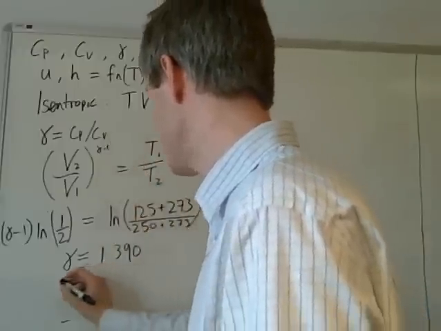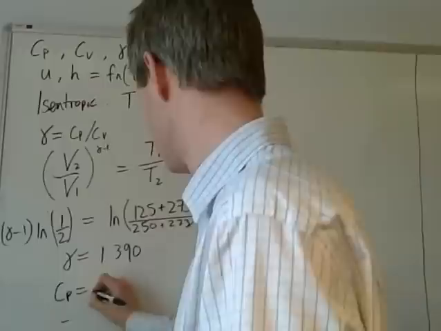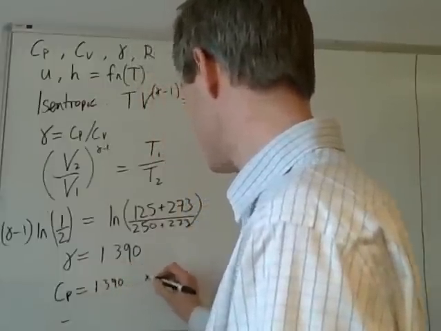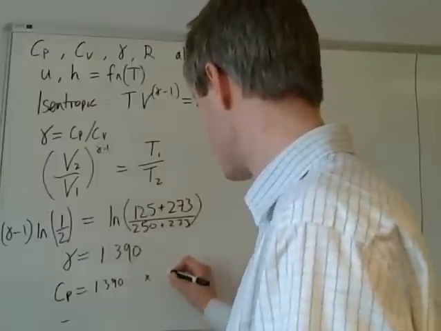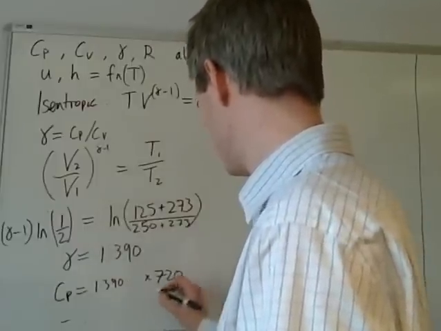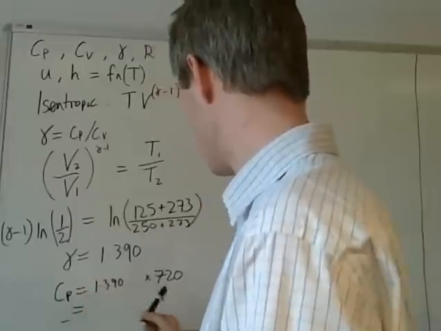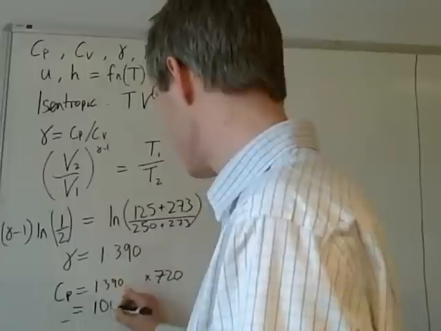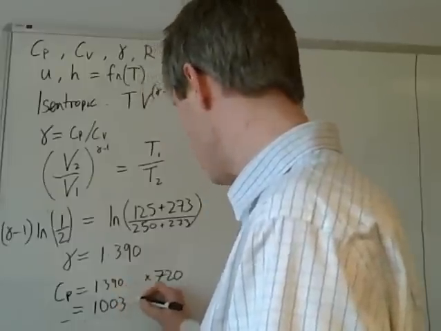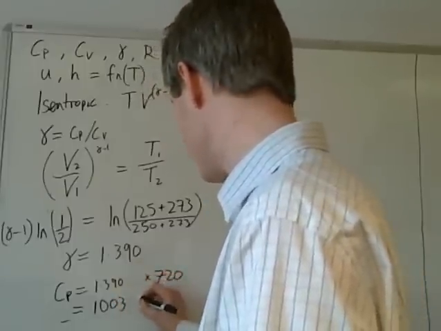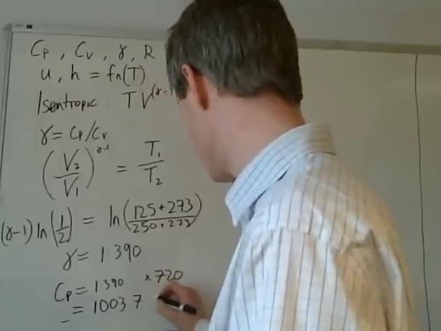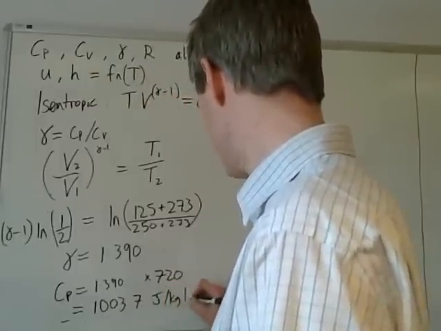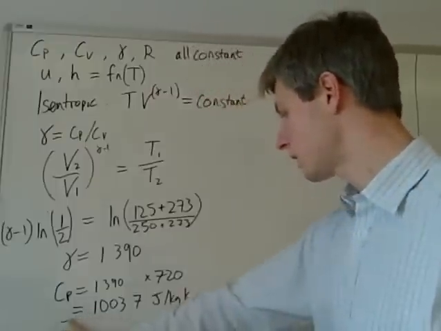Therefore, we can evaluate Cp is equal to 1.390 times the value of Cv, which was 720 joules per kilogram Kelvin. This gives us 1003, and if we keep all the decimal points throughout the calculation, we can write that to a lot of significant figures. Joules per kilogram Kelvin. Okay, so that's done.